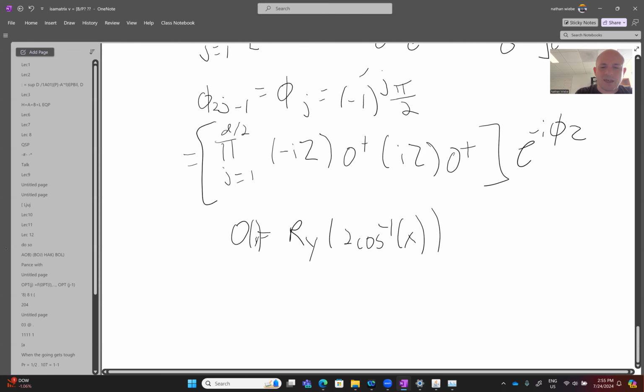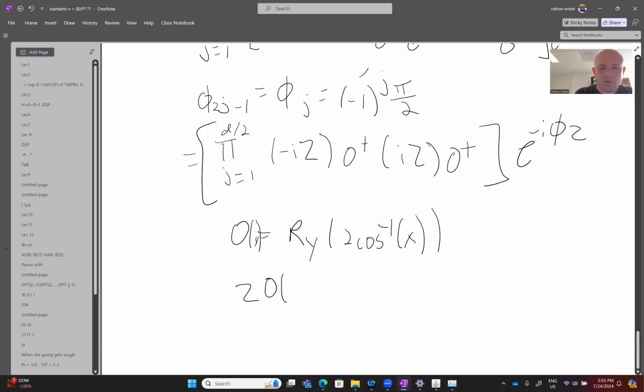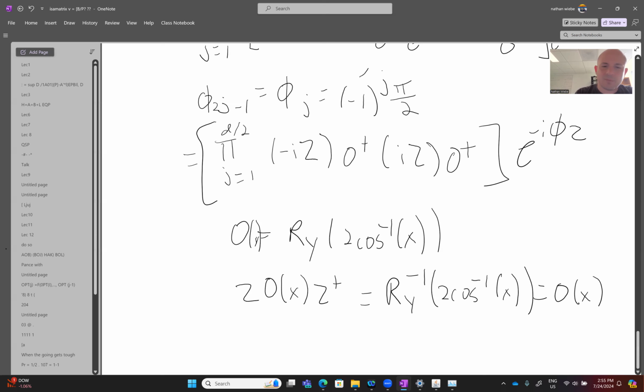And thus, Z O of x Z dagger equals Ry inverse of 2 arc cosine of x, which is just equal to O of x. Therefore, this is just identity e to the minus i phi z.